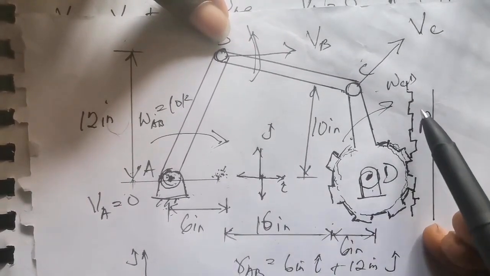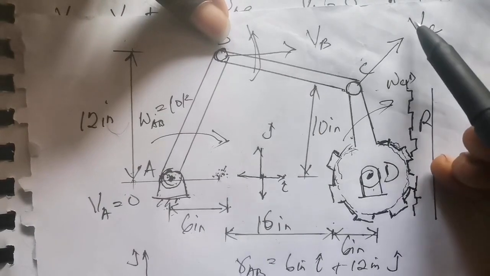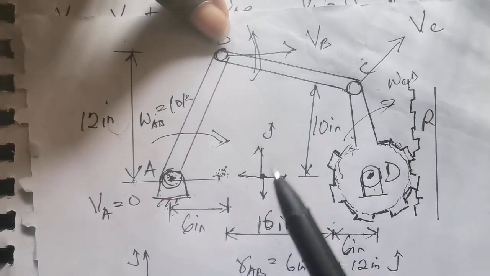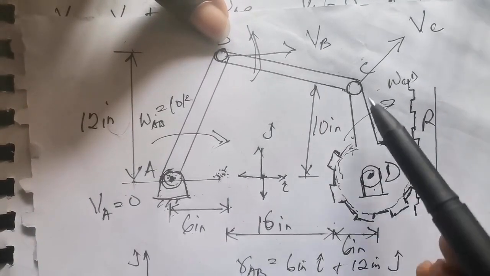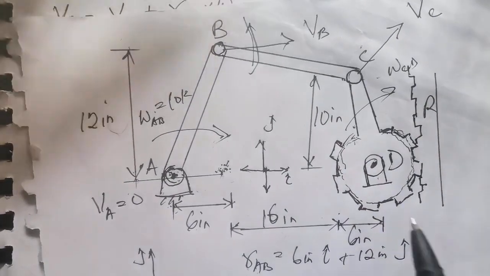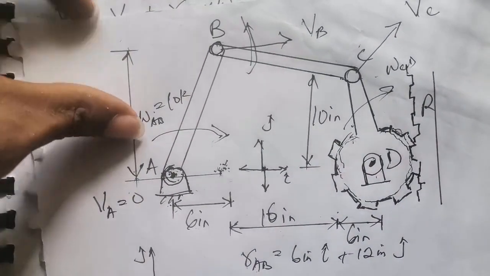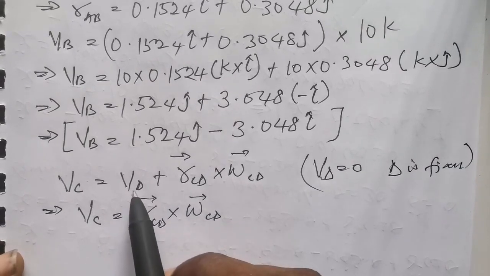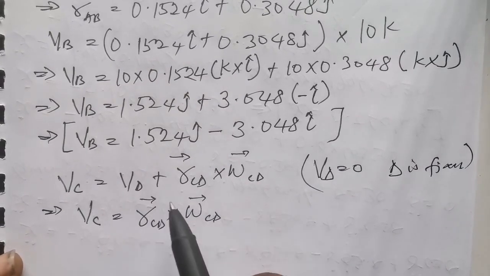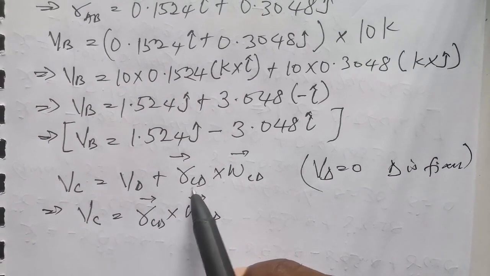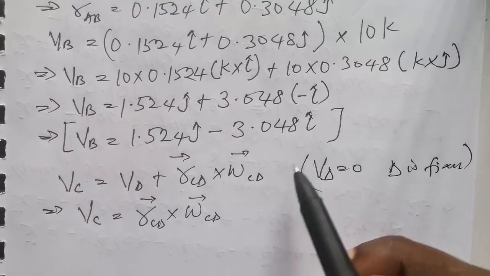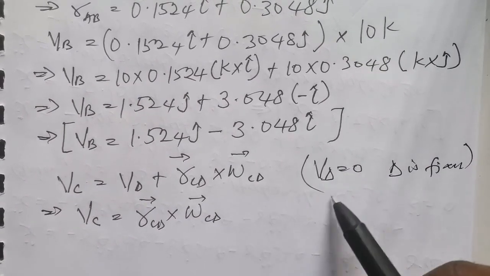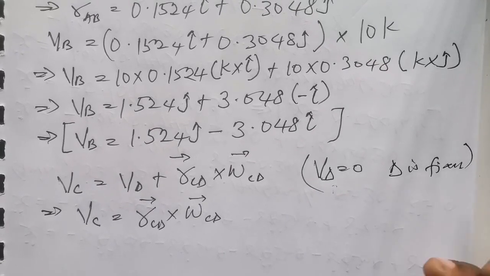That's simply called VC, the linear velocity at point C, and it must be in the same direction as the angular speed. So now we need to find VC, using the same equation, relating the fixed points and the radius D to C. So you now know that velocity at point C will simply be velocity at point D, which is the fixed point, plus the radial arm between C to D multiplied by the angular speed C to D. But VD is equal to 0 since point D is fixed.